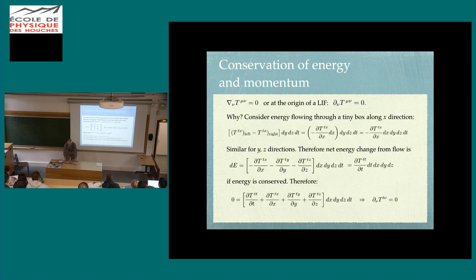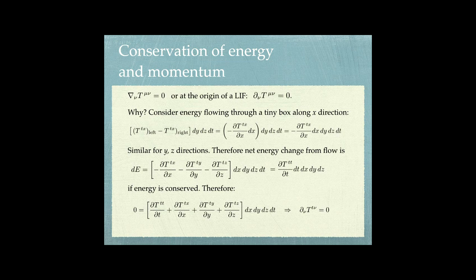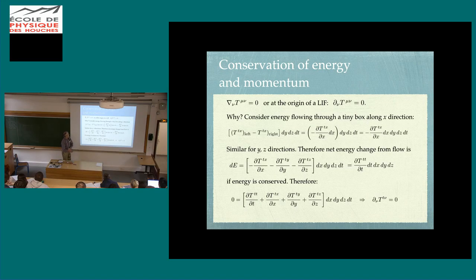All right? So, I want to talk briefly also about conservation of energy and momentum. It's expressed by this formula, which at the origin of a locally inertial frame reduces to just that simple divergence of that stress energy tensor.